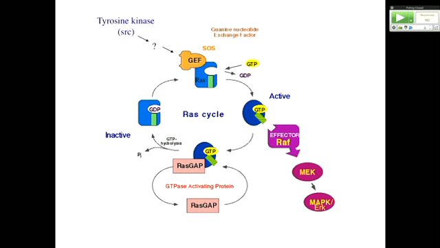And we determine their ordering with respect to one another in the same way that I just showed you we determine the ordering between Src and RAS. If I introduce an activated form of RAS and an inactive form of one of these downstream effectors, then I will determine whether or not these effectors are downstream from RAS or not.